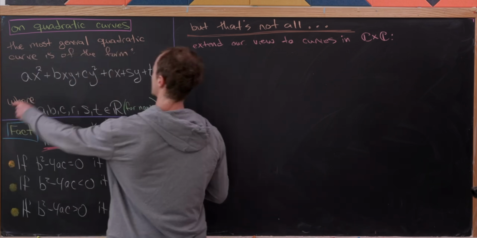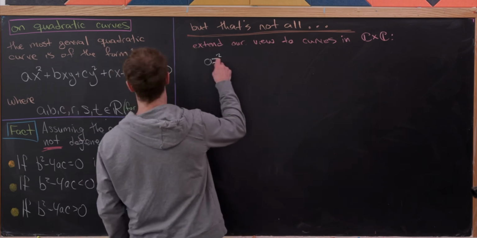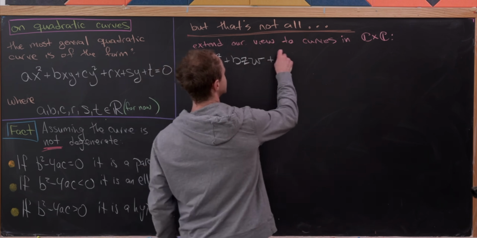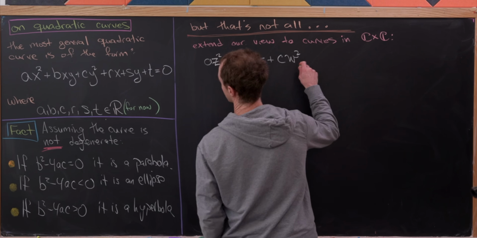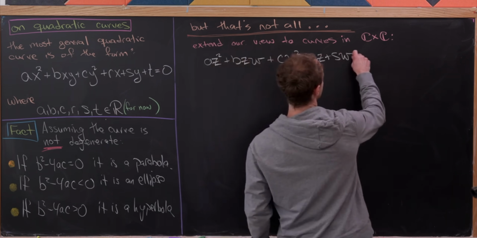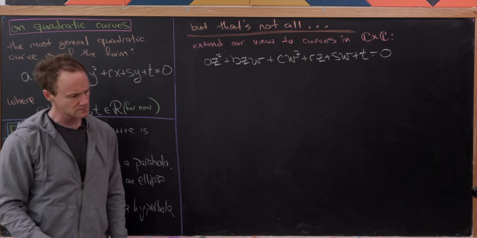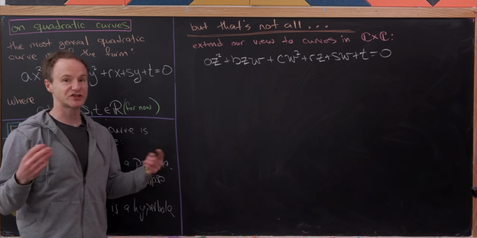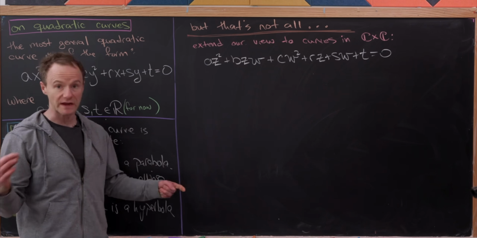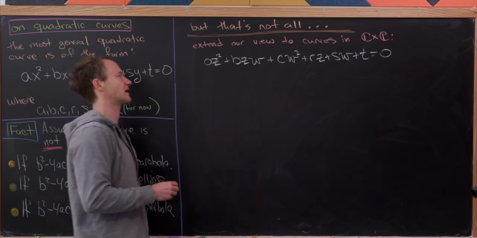So maybe we could rewrite the curves here as az squared plus bzw plus cw squared plus rz plus sw plus t equals 0. So that's our curve now. You know, curve is kind of stretching the imagination because it actually has more than one real dimension, although it has one complex dimension for what that's worth.